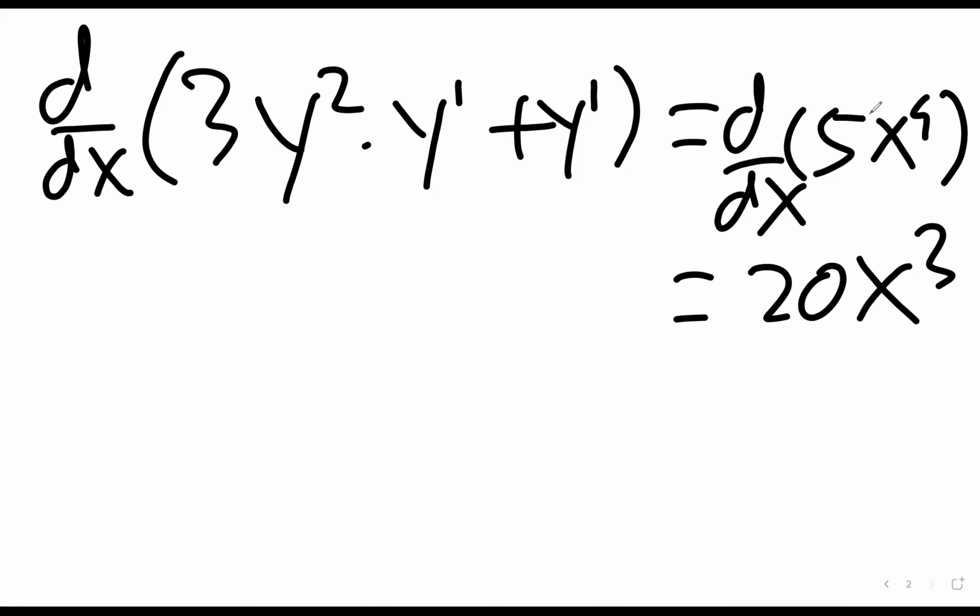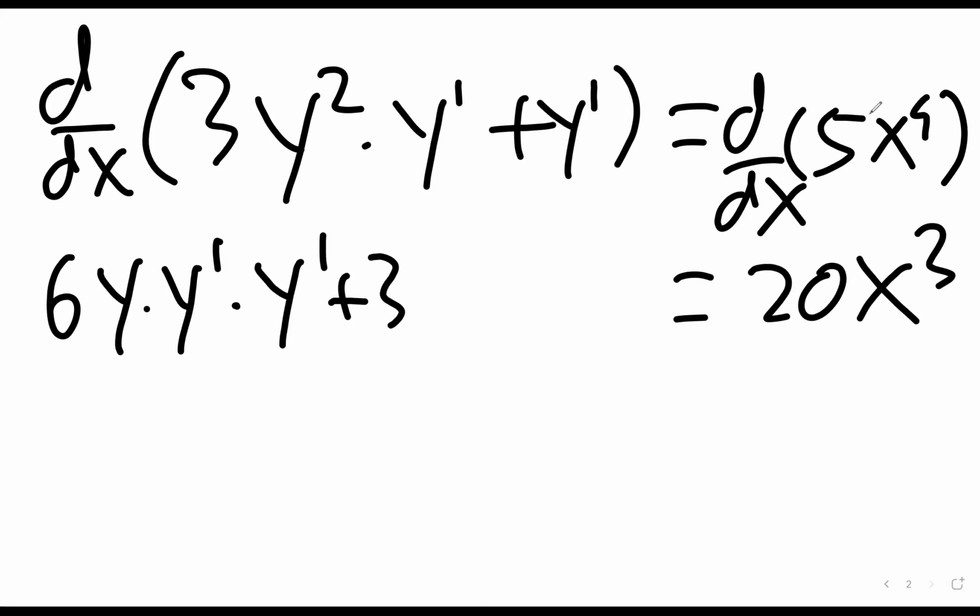First, the derivative of 3y squared is 6y multiplied by y prime, and then multiplied once again by y prime, plus 3y squared is fixed, times the second derivative y double prime, and obviously the last term is just y double prime.